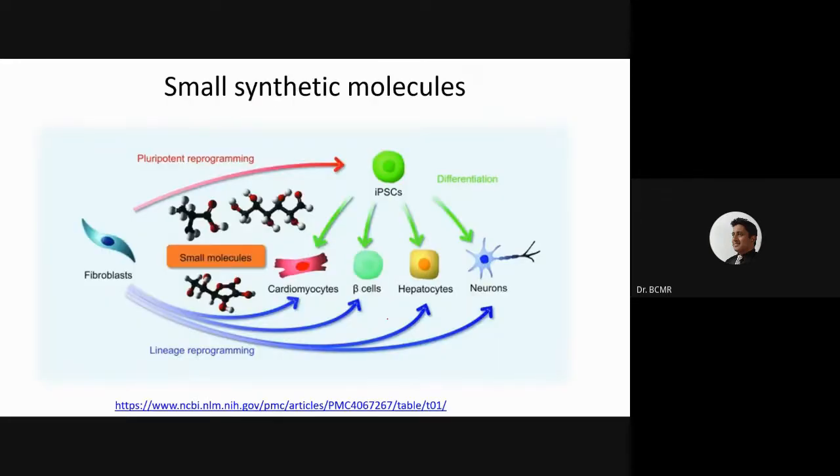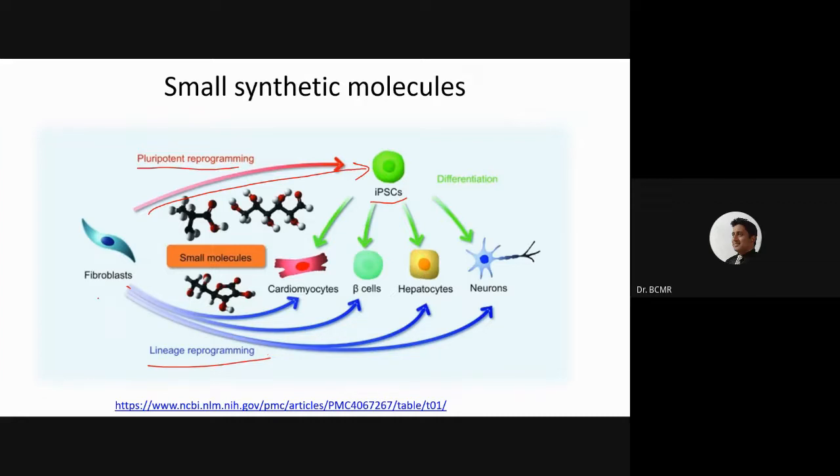There is another method that is also kind of safer. We are saying safer because it's not involving any genetic manipulation. The idea is, what if we can use some molecules, and the molecules differentiated cells to induce pluripotent stem cells, or maybe from somatic cells directly we give lineage reprogramming.